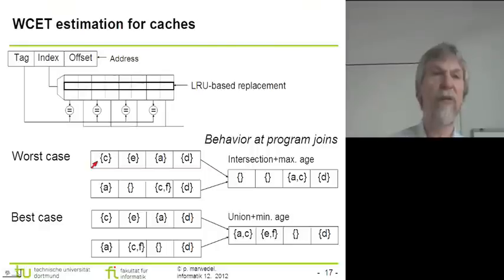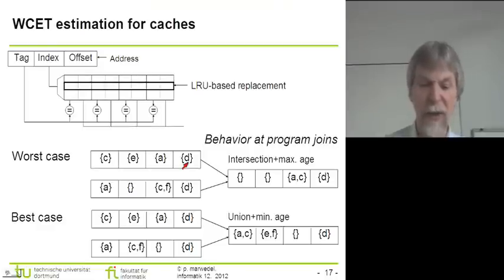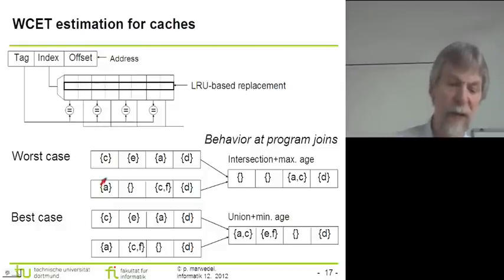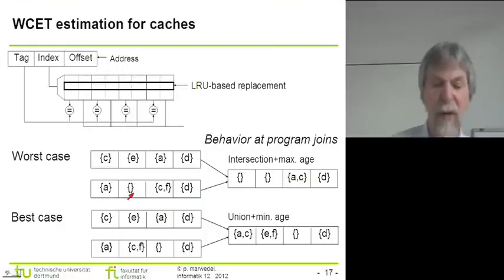Then we assume that on one of the paths, we know that the most recent entry belongs to some variable C. The second most recent one belongs to variable E, the third most recent one belongs to variable A, and the oldest entry is a copy of variable D. For the other program path, we know that the most recent, youngest entry is storing variable A. We don't really know what's in the second entry, and in the worst case, the variables F and C are stored in the cache and correspond to the third youngest entry.